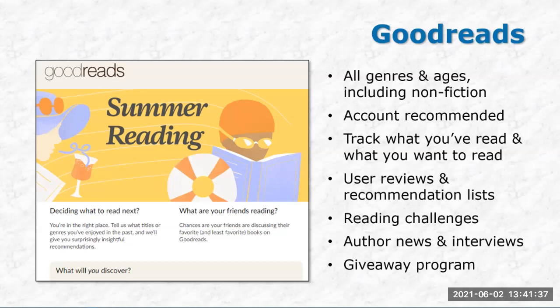It includes all genres and ages and nonfiction. An account is highly recommended because it will allow you to get to saved lists and things like that. And that's really what Goodreads is known for, that you can track what you've read and what you want to read.